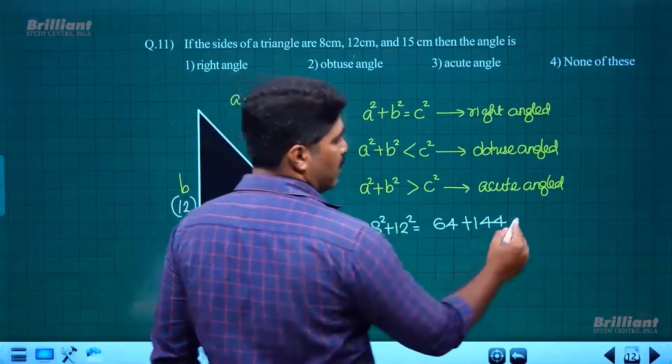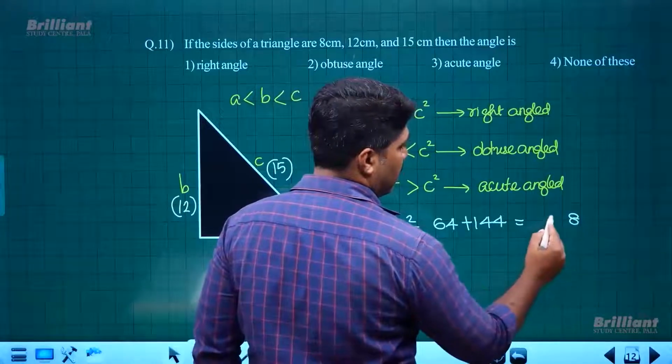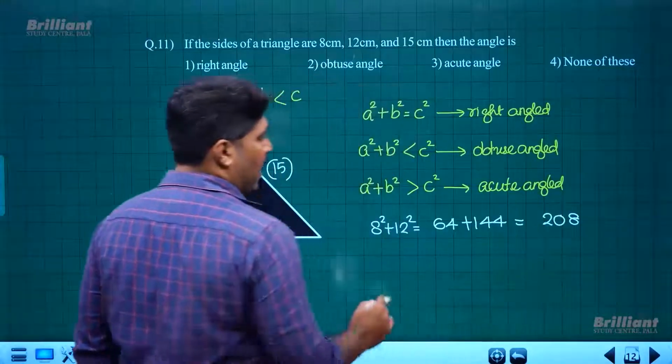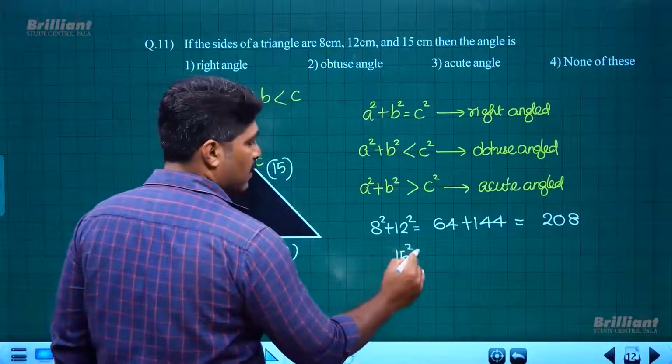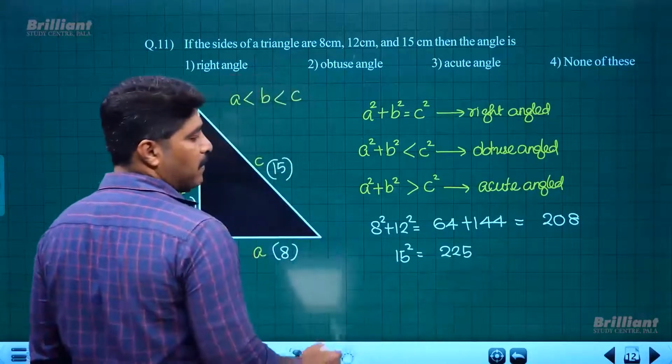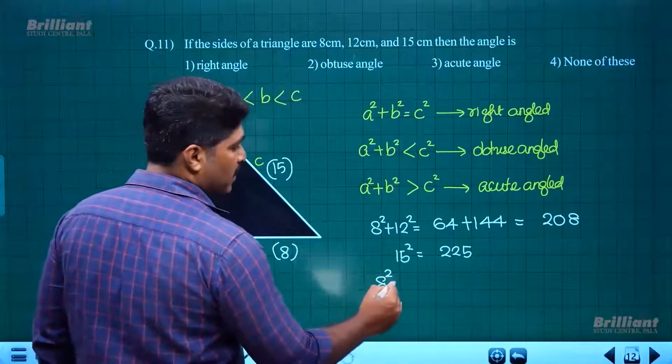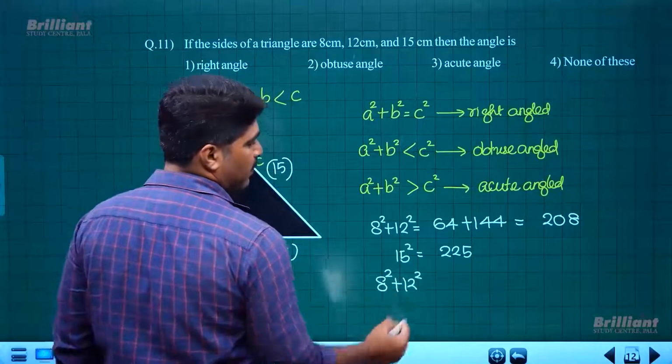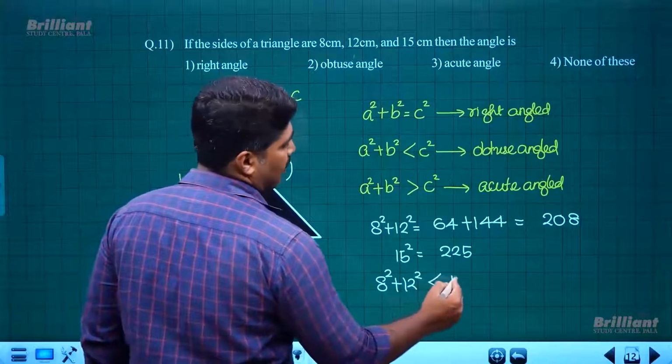So what is the sum here? This is equal to 208. And what is 15 square? This is equal to 225. Just observe these two values. So what we can conclude here is that 8 square plus 12 square is less than 15 square.